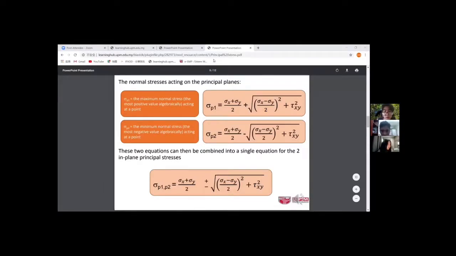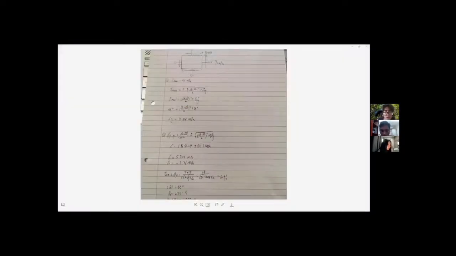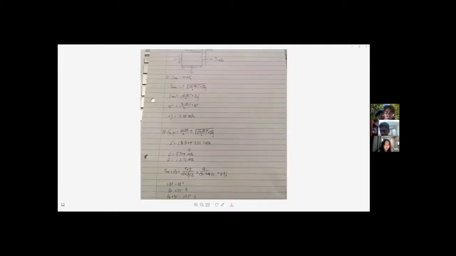With the formula, we get the normal stress P1 is equal to 57.24 MPa, and stress 2 is equal to negative 2.76 MPa.